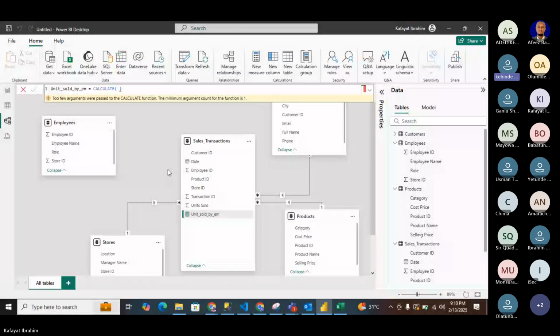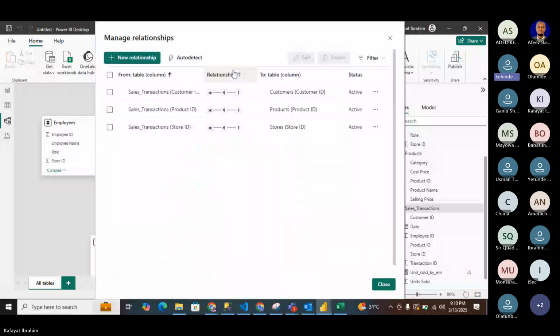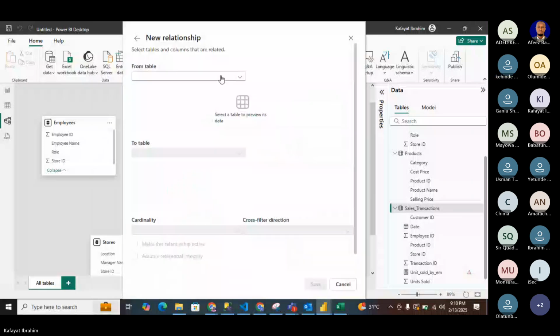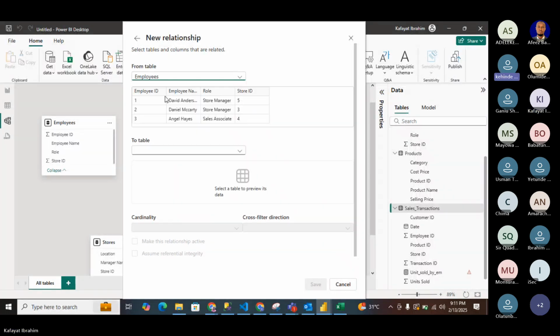But in this employee and sales, there's employee ID and store ID. So have you tried joining any of the two? I've tried joining the employee initially. How about the cardinalities that exist? Okay, how about the store ID?